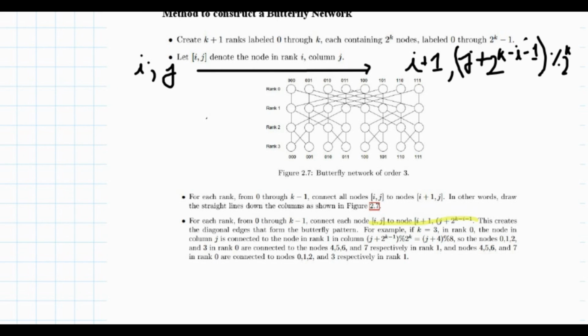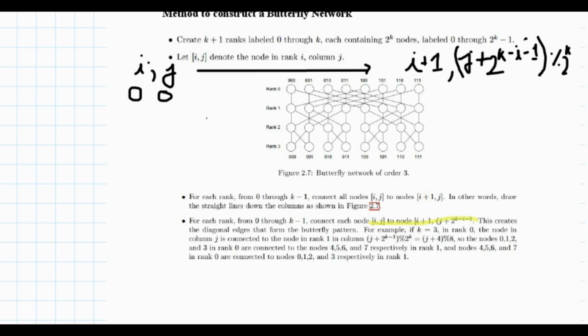So let me try to find the destinations for a processor with this second step of the algorithm. Say we want to find the destination for the node which has rank 0 and column number 0.